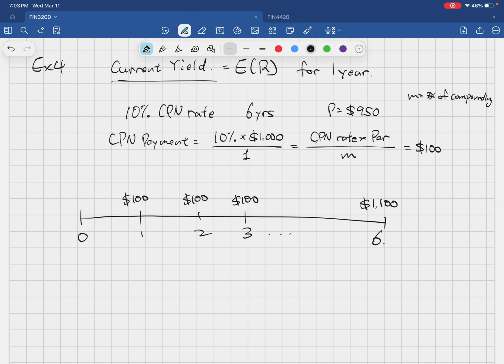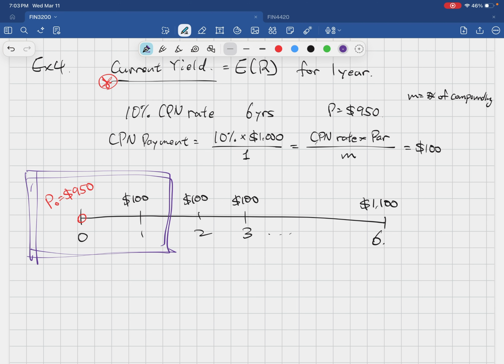Currently the bond is trading at $950. We're trying to solve for the current yield, so the rest of this timeline actually doesn't matter. We're going to focus on this part right here.